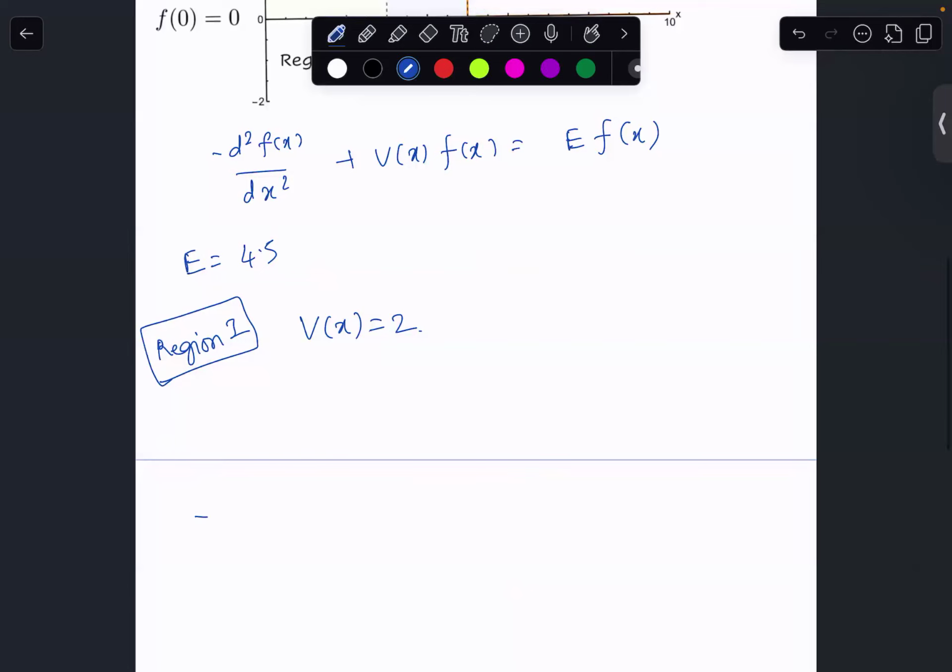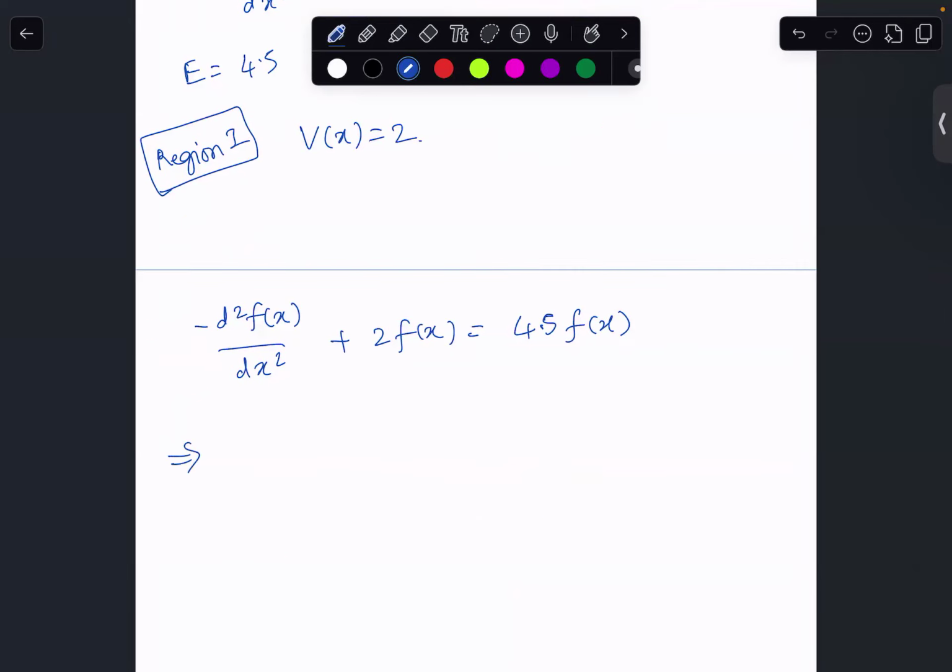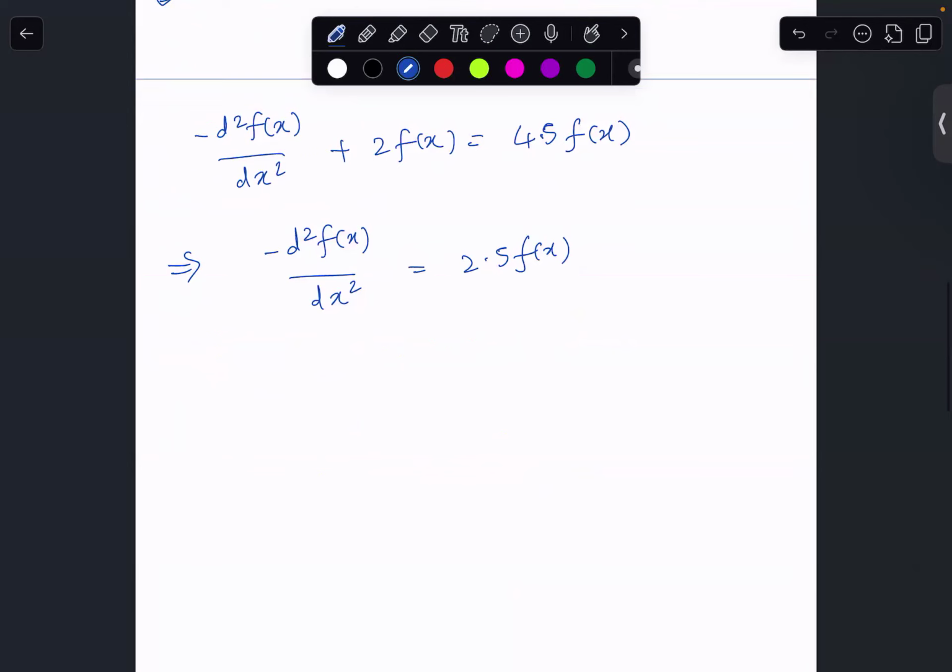We have minus d squared f of x upon dx squared plus 2 f of x equals 4.5 f of x, which gives me minus d squared f of x upon dx squared equals 2.5 f of x. So this is the differential equation we get for region 1.